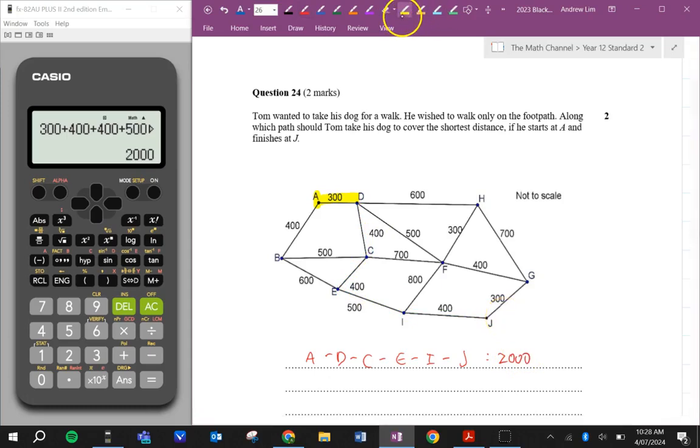What about from there to here? What about that method? All right. So it's 300, 500, 400, and 300. That's only 1500.